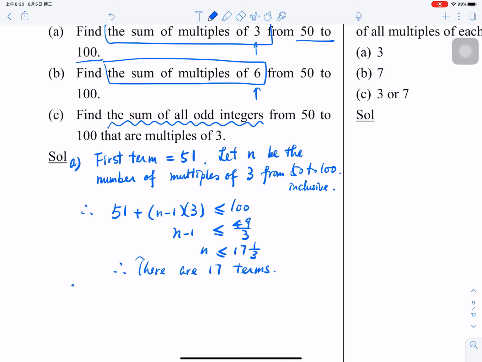So the sum equals 17 over 2 times 2 times 51 plus 17 minus 1 times 3. So the answer is 1275. Not difficult, right?